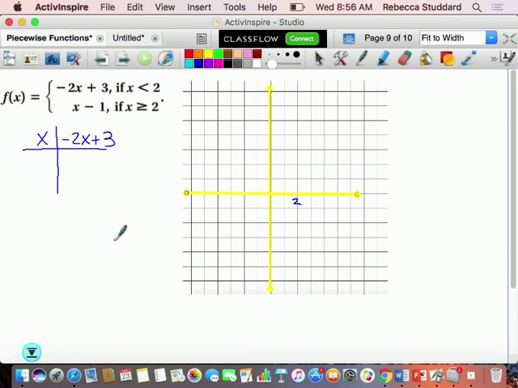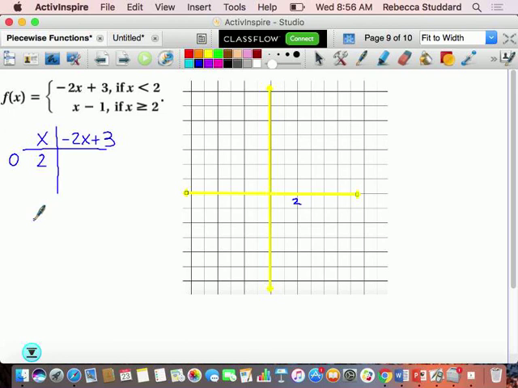To make a line, how many ordered pairs do I need? 2. I need 2 points. Okay? So, the first x that I'm going to plug in is going to be my boundary point. 2 isn't included. So what am I going to have to do to show on my graph that this point is not included? An open circle. So when we do this one, we're going to have an open circle here.